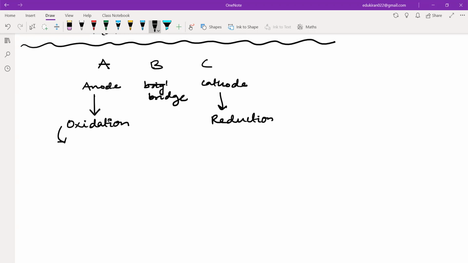ऑक्सीडेशन किसका होगा? आपको बोला जाएगा कि उन्होंने 3-4 आपको इलेक्ट्रोड पोटेंशियल दे दिए, राइट?